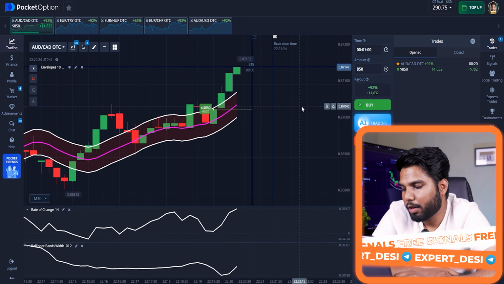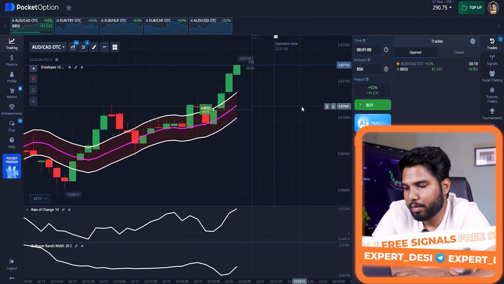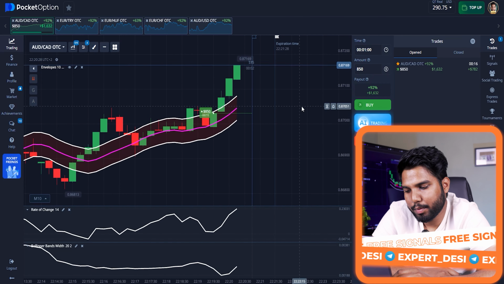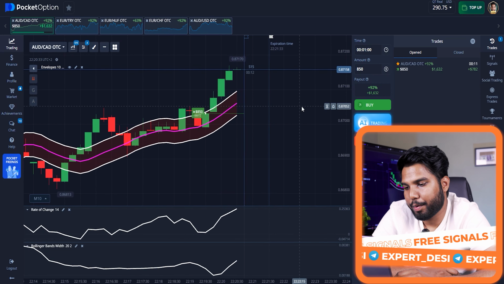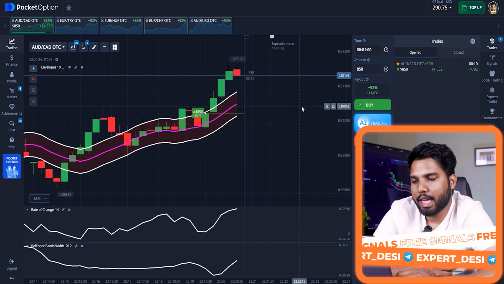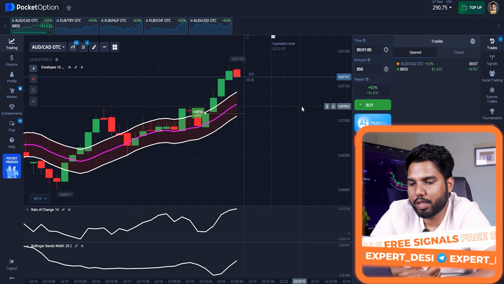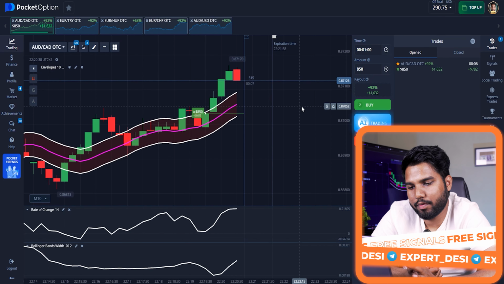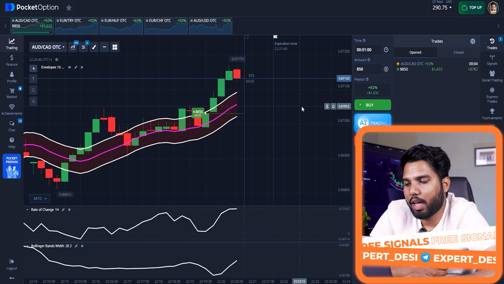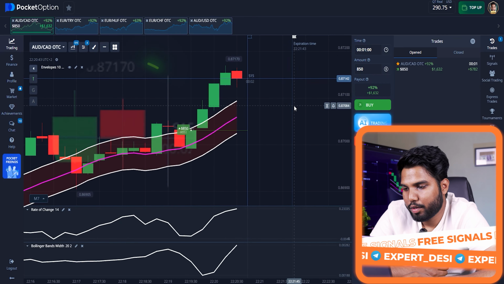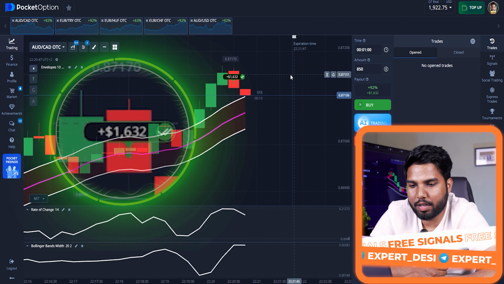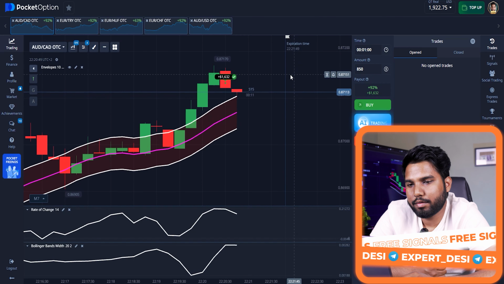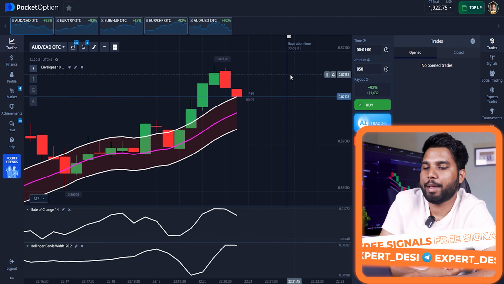Also if we see the Bollinger Bands, the volatility is now increasing, but it wasn't so much at the time when we placed the trade. So in such a case we can take a buy position, or if it's the opposite, we can take a sell position and place the trade. Two more seconds and here's the profit of $1,632 and a total of $1,900, I would say, in our account.